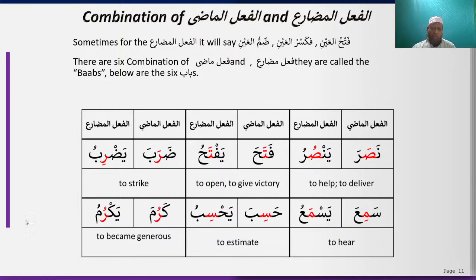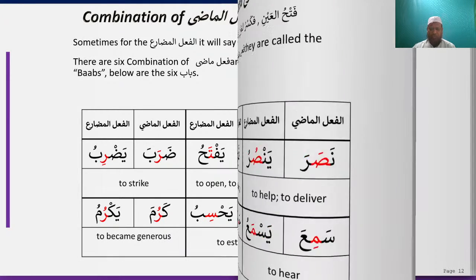One thing to remember, all the fi'l that come from bab karuma are all fi'l lazim. Okay? From bab karuma, you'll never find a fi'l muta'addi. If a fi'l comes from this bab, karuma yakrumu, they're all fi'l lazim. Remember that. And the rest of the babs, they can have fi'l lazim, they can have fi'l muta'addi.